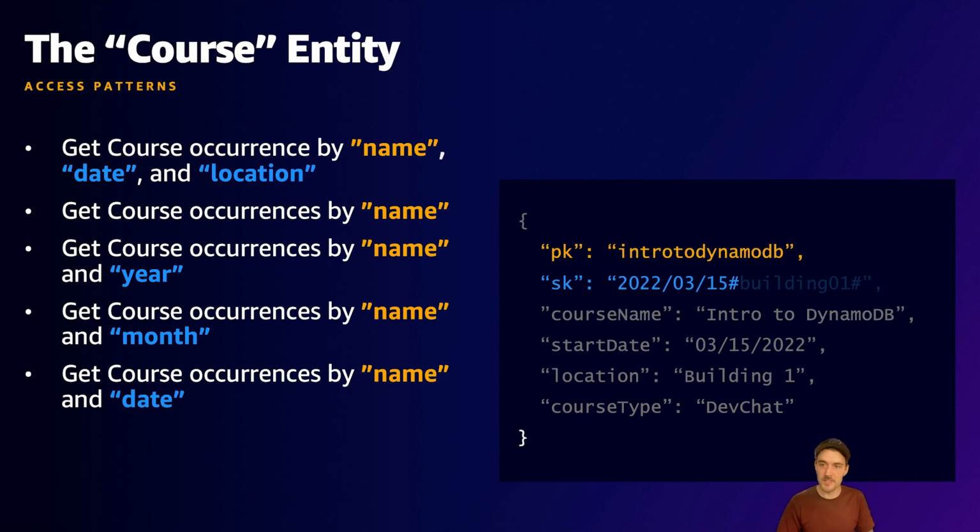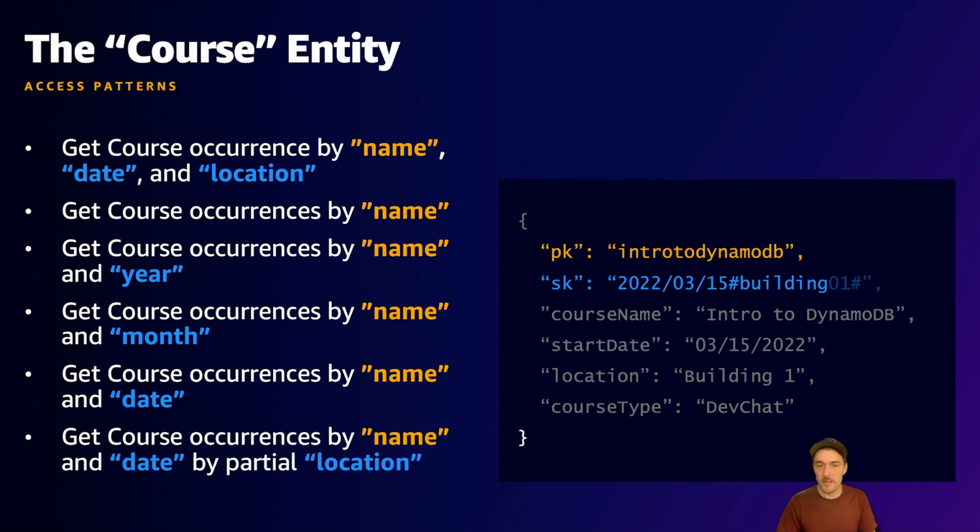Notice at the end of this query, I tacked on a hash. And then what about another one? Get course occurrences by name, date, and partial location. So the location itself could also be partial. Maybe you want this day, but you don't care which building it's in. So I'm saying, okay, sweet, this course, this date, any building you got, or maybe you have buildings and you also have some other place that something could be, maybe library or something like that.